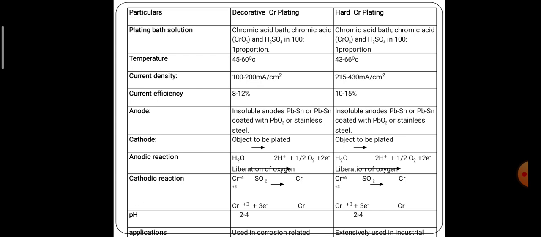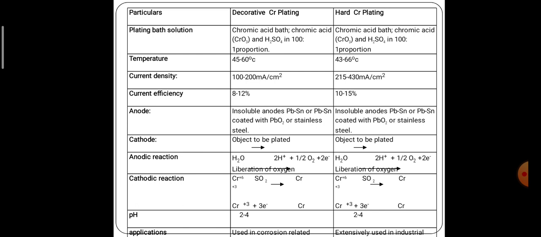The cathode is the pre-treated object. Pre-treated object means we have already washed that material. The pH of the solution is 2 to 4 in both cases, because we are using sulfuric acid and chromic acid.